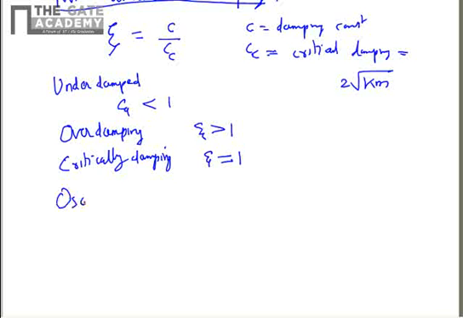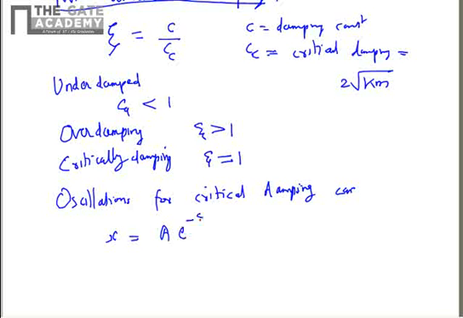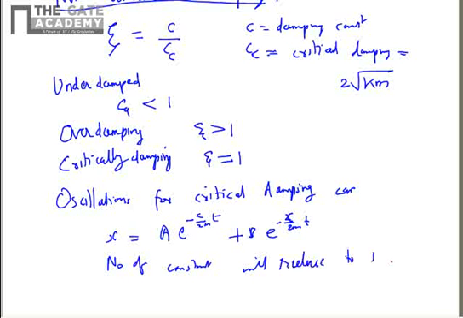So what is the equation of motion for a critically damped case? That you have seen: x equal to a e to the power minus C by 2m t plus b e to the power minus C by 2m t. Here if you just take the e to the power minus C by 2m t common outside, you will get a plus b. So the number of constants will reduce to 1.